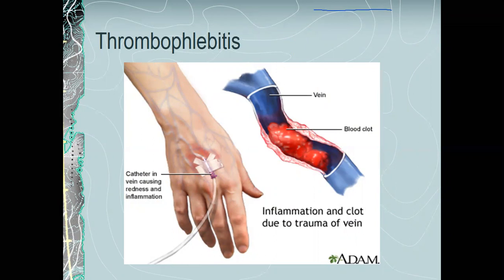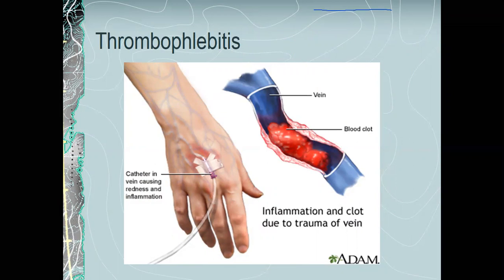So both peripheral IV lines and PICC lines, or peripherally inserted central catheters, pose risk for clots to form around them because they're foreign to your body. So that trauma could cause a clot to form. So if you suspect thrombophlebitis, first thing, just like with the others, immediately stop the infusion.